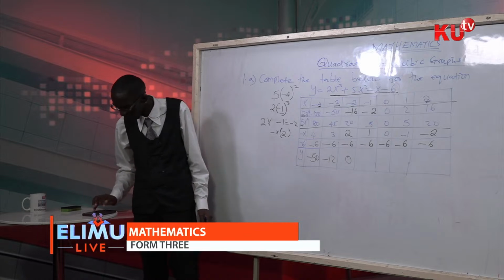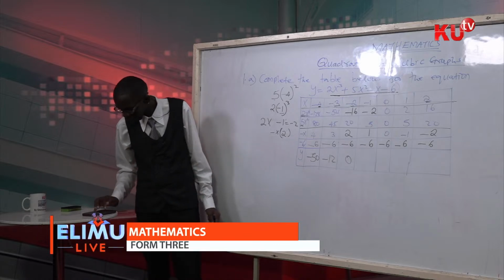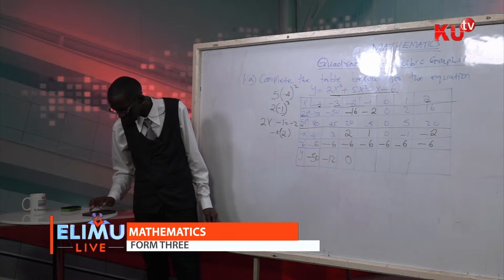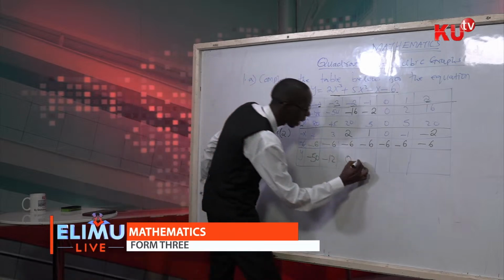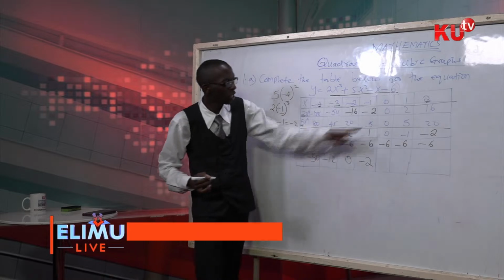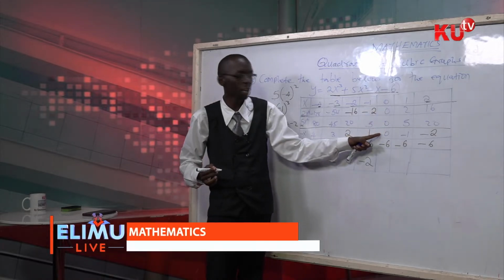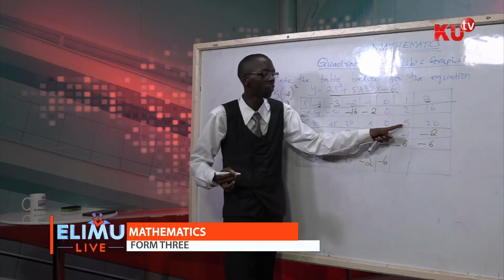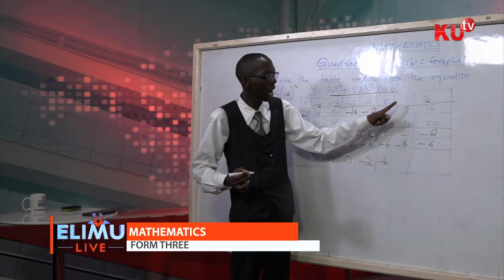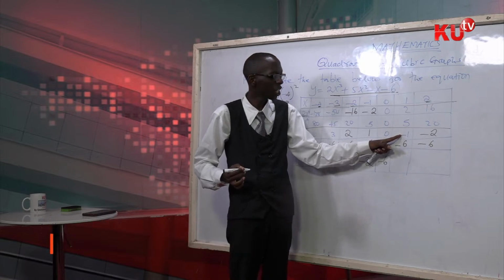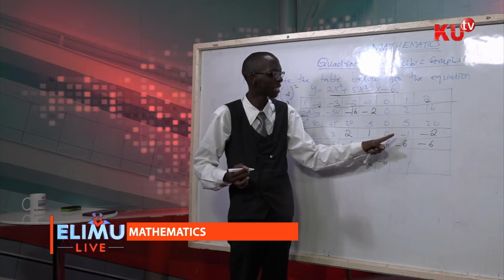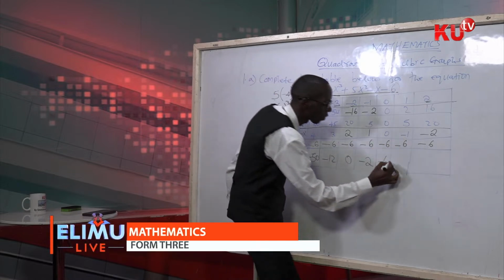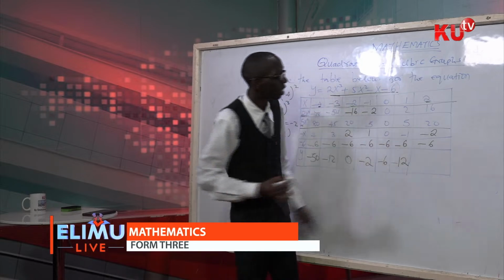Then negative 2 plus 5 plus 1 plus negative 6. It will give us negative 2. Then 0 plus 0 plus 0 plus negative 6 is negative 6. 2 plus 5, 7. 7 plus negative 1, negative 6.